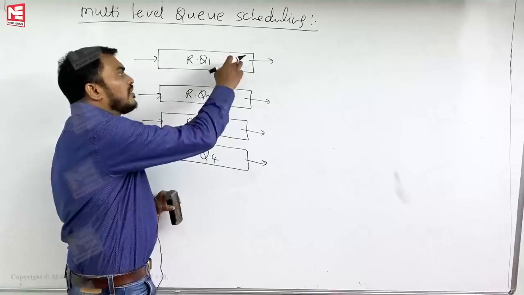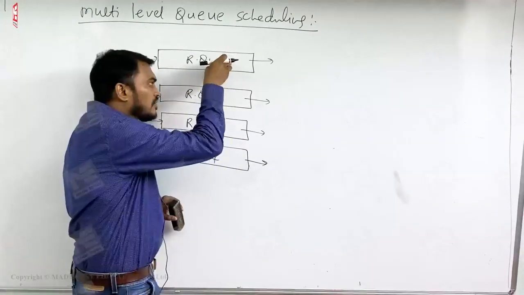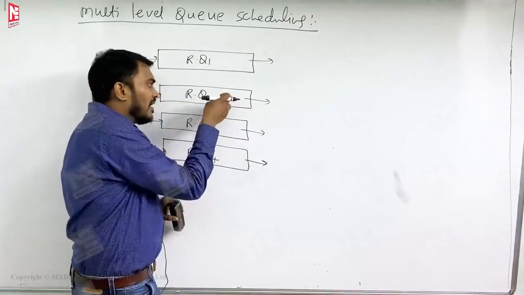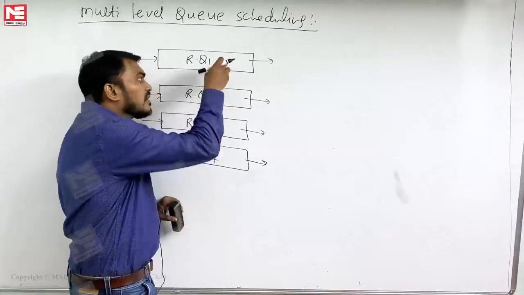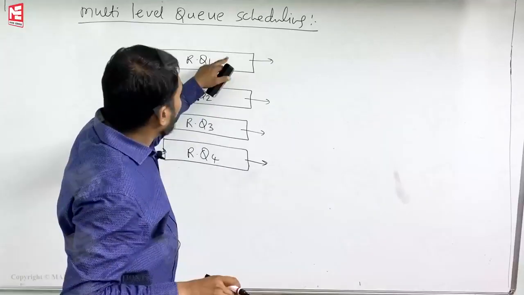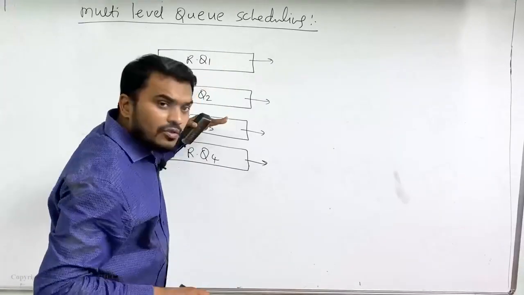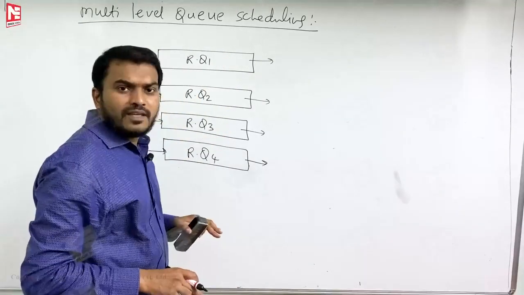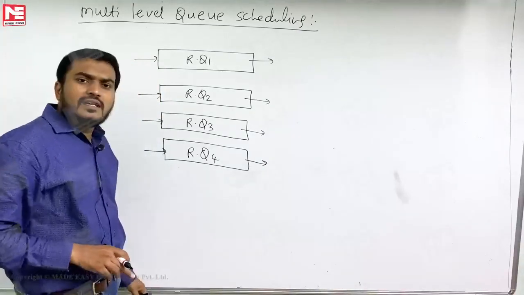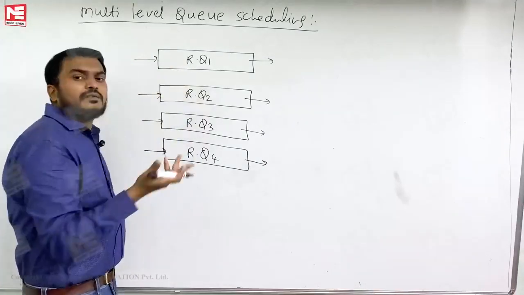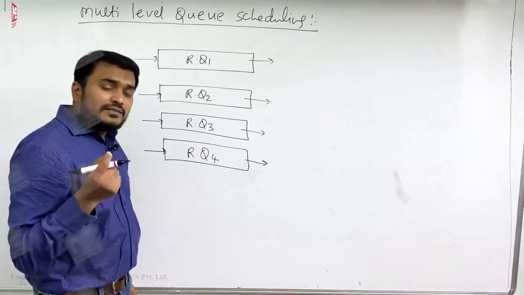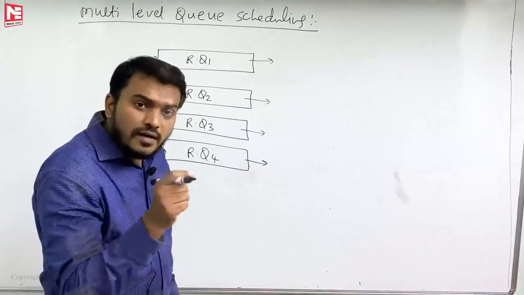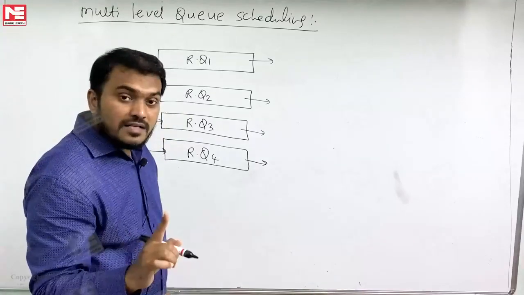First you complete all the processes from the top level ready queue, and only then you come to the next level ready queue processes. Why like that? Because obviously the top level ready queue processes are having high priority, right?